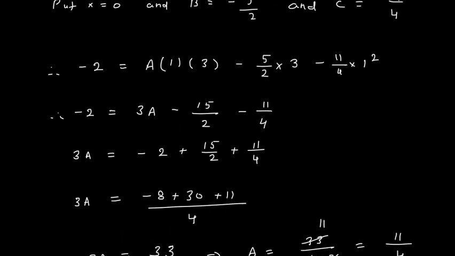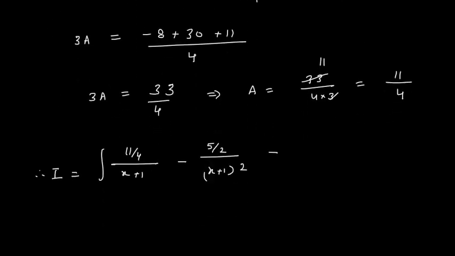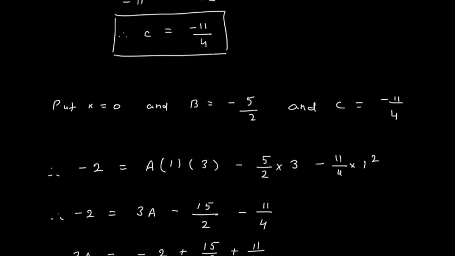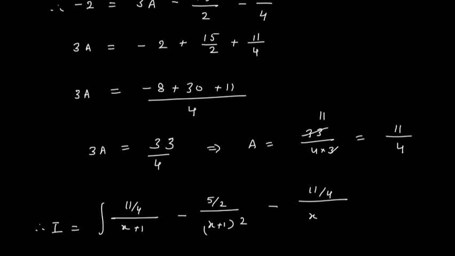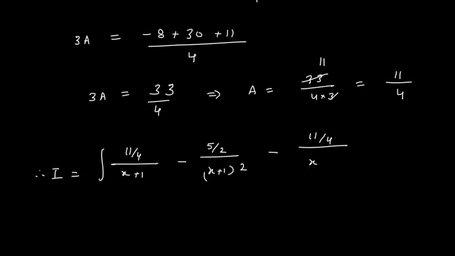So value of c is also negative. It is minus 11 divided by 4. So c divided by, here we have the third factor, x plus 3, into dx. This whole into dx.